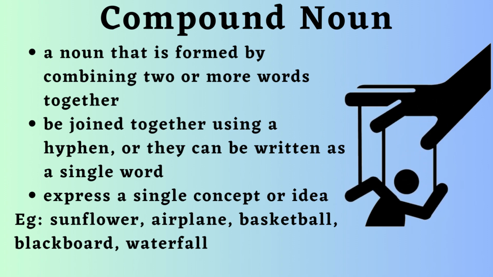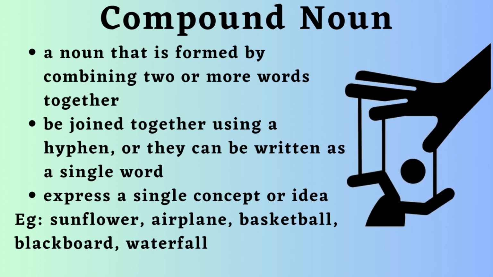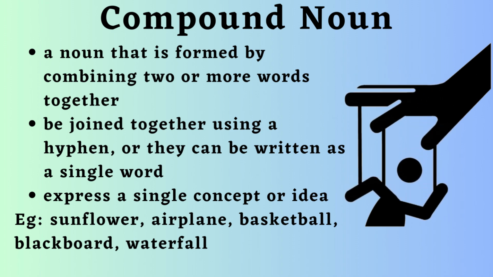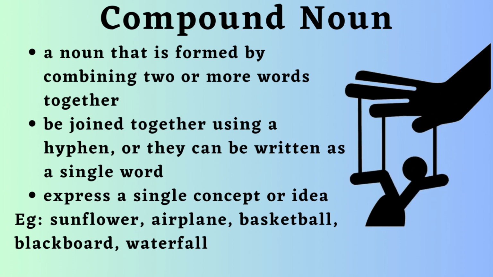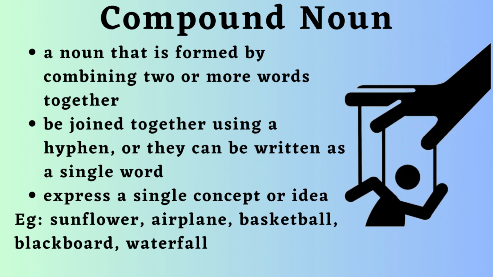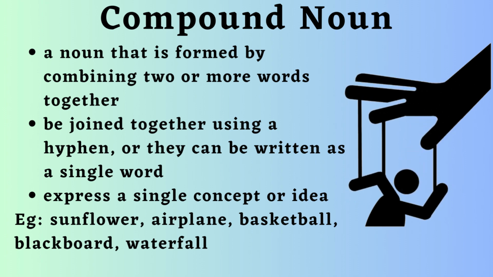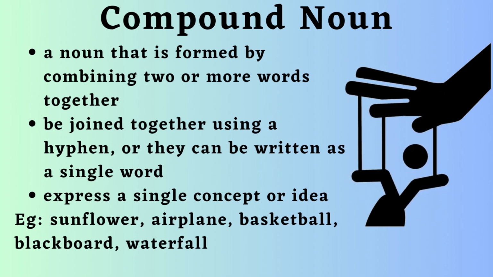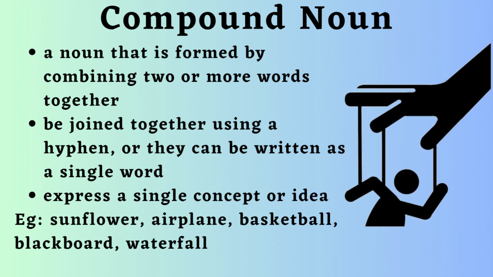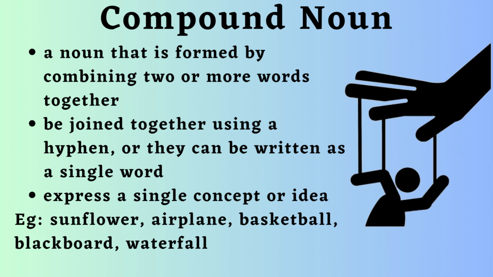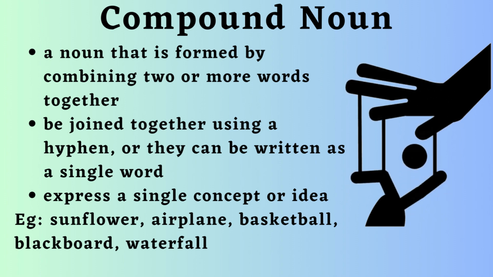In this compound noun, the words water and fall are combined to create a cascade of water flowing down from a height. These examples illustrate how compound nouns are formed by combining two or more words to create a single noun.